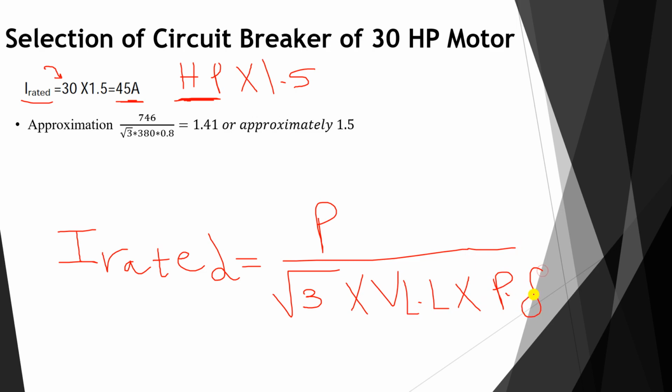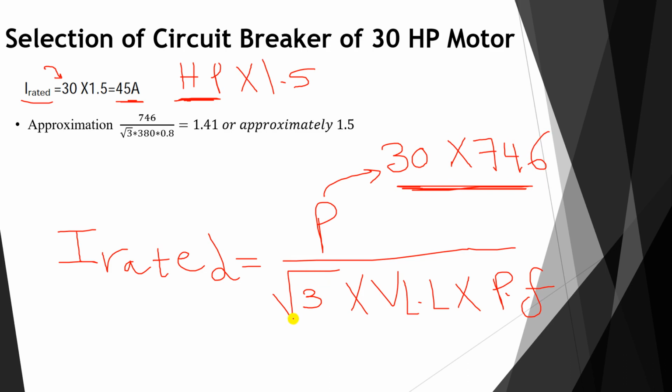So we have the power in watt. In order to convert the horsepower to watt, we have 30 multiplied by 746. Why is this? To convert from horsepower to watt.